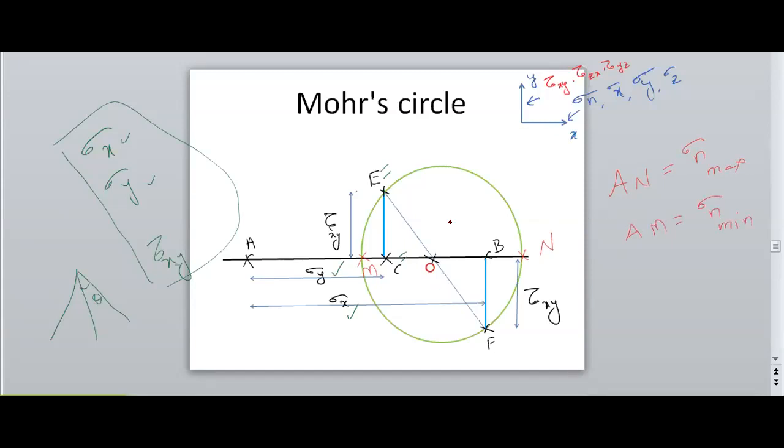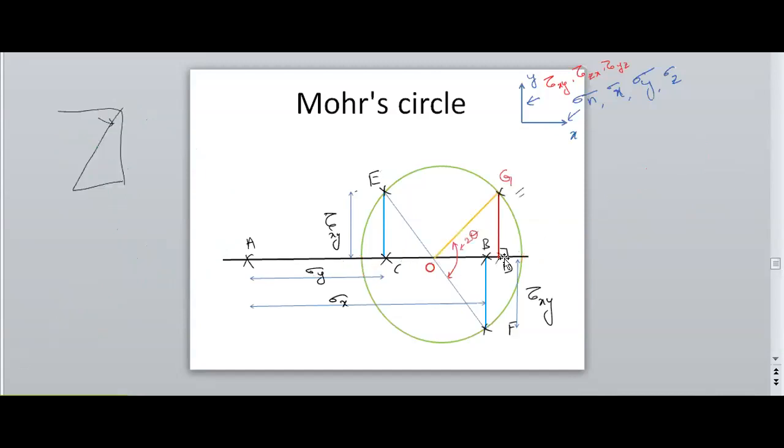How can you explain this? In the derivation, I consider this as the shear stress on the inclined plane. For a principal stress, the shear stress needs to be zero, that is, the height needs to be zero.